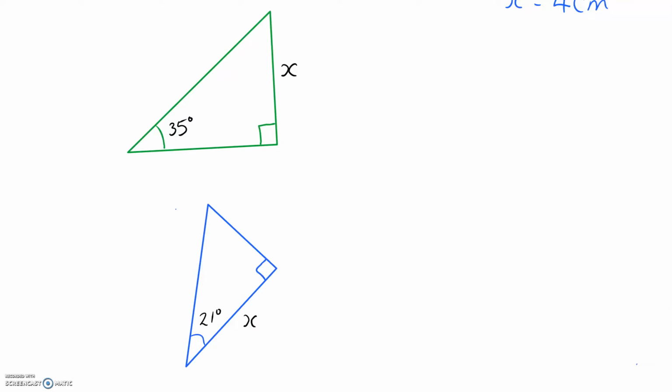The first one here, our first step is to label our sides. Different color, really useful, so we don't get confused. Opposite the angle, hypotenuse is the longest side opposite the right angle, and adjacent is the last side. We're missing one side's information.